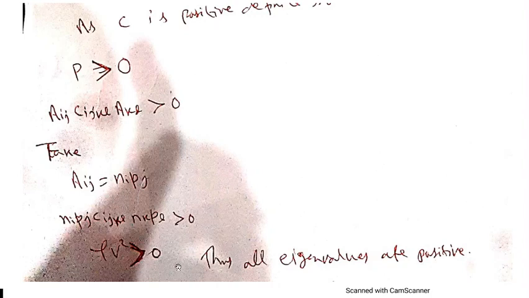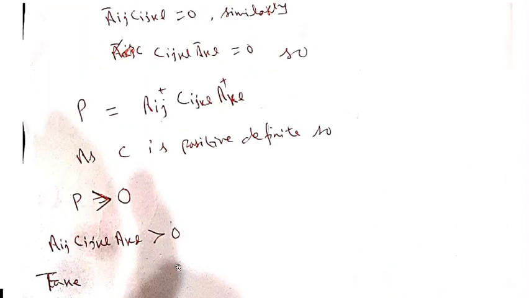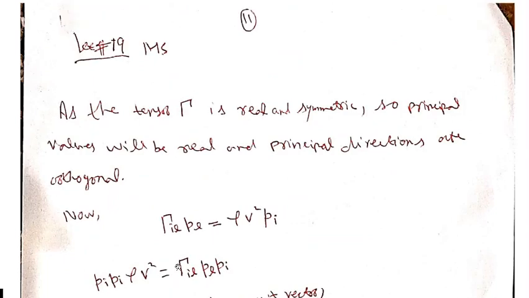So it means that when you have the propagation tensor gamma, then the eigenvalues would be real and positive, and the corresponding directions, meaning corresponding eigenvectors, corresponding polarization vectors, principal directions, are orthogonal with each other. We have seen this here because it is real and symmetric.